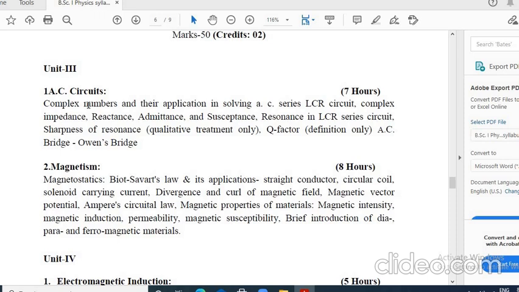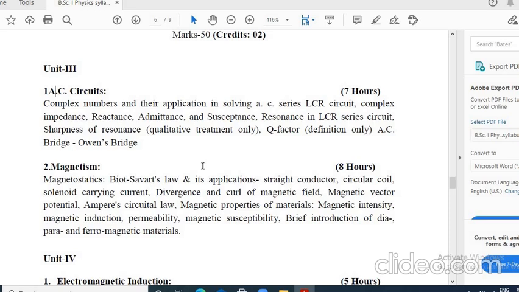This year we are going to discuss complex numbers and their applications in solving AC series LCR circuit. Complex numbers, you know, are a plus i b, where i is the square root of -1. By using complex numbers, one can solve the AC series LCR circuit.